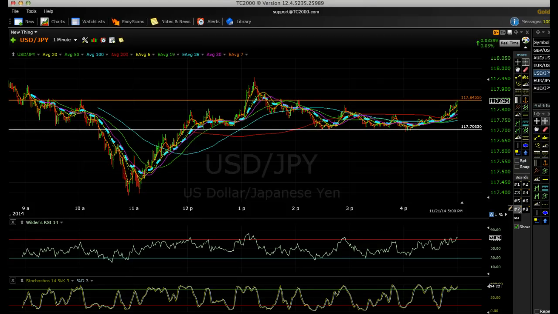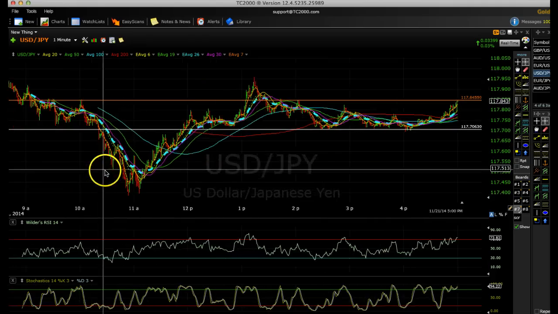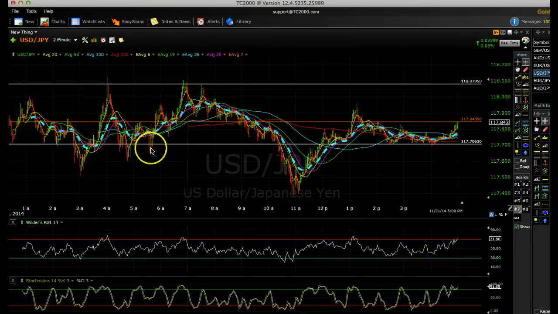And of course we can't go further back. That's about it on my chart that I can do. Let's go to the 2 minute. See how that works out? That's the 2 minute chart.